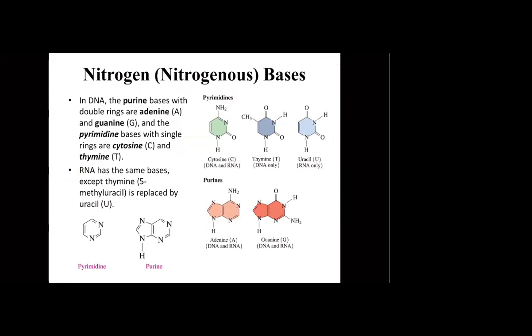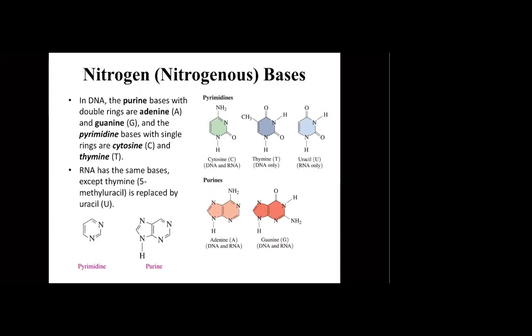The pyrimidines, you can see on the top, are cytosine, thymine, and uracil. Out of those three, thymine is only found in DNA, uracil is only found in RNA. Cytosine, out of your pyrimidines, is found in both DNA and RNA.